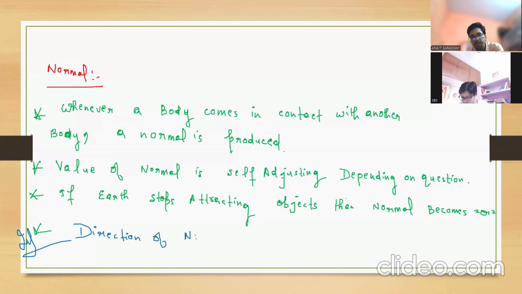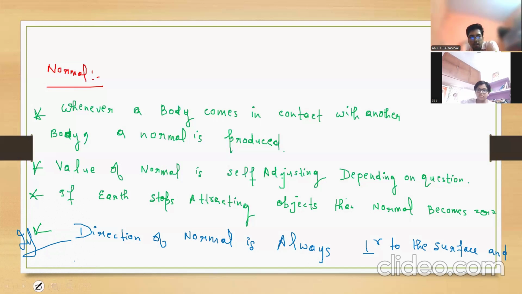Direction of normal is always perpendicular to the surface and has a tendency to repel the body.